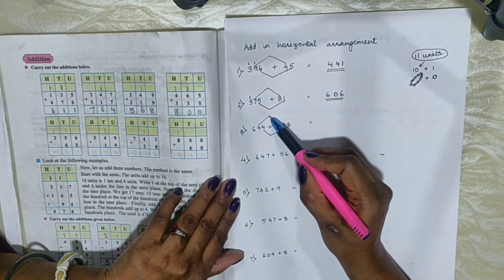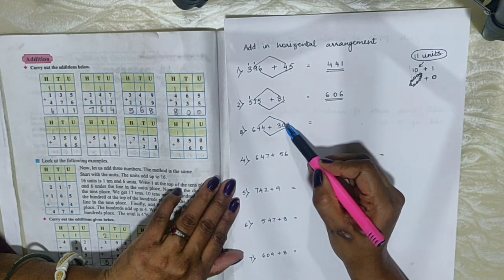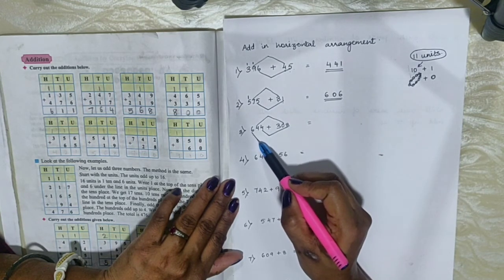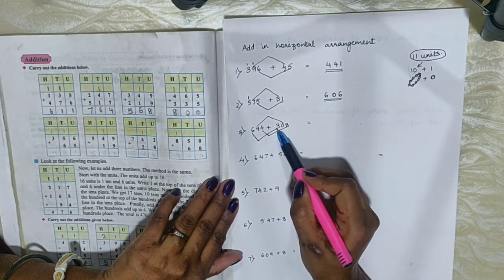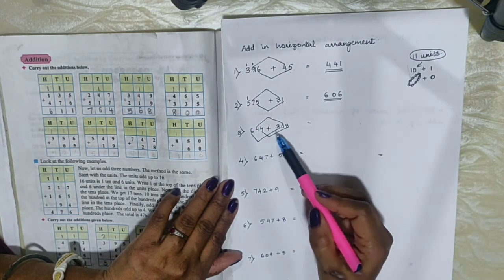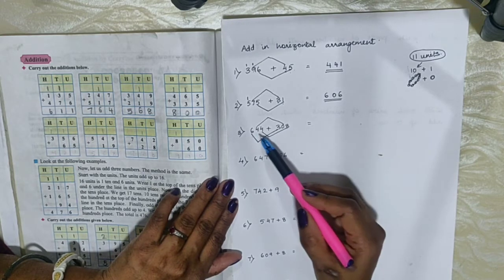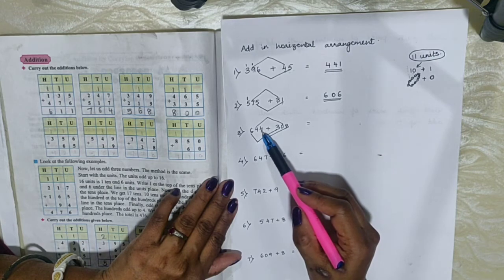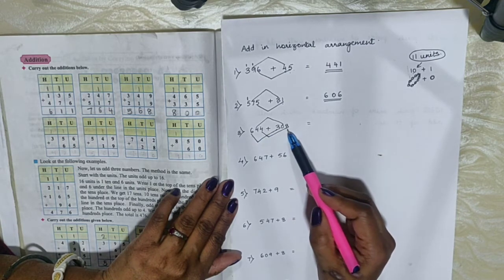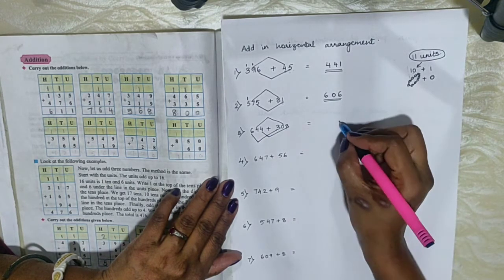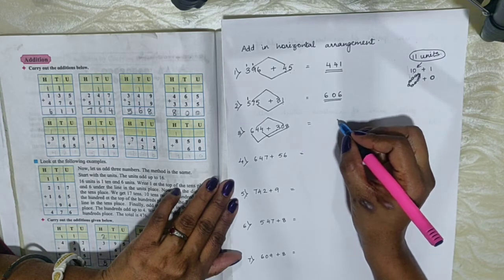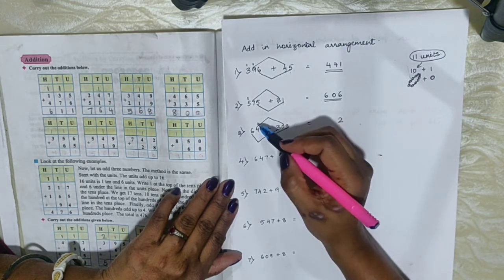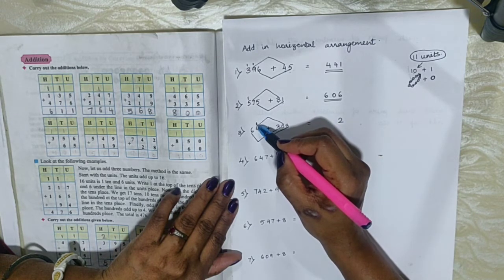I am doing this to show you the place value. So what is 4 plus 8, children? 12 units. So 2 you will write here, 1 will go to the hundreds place.